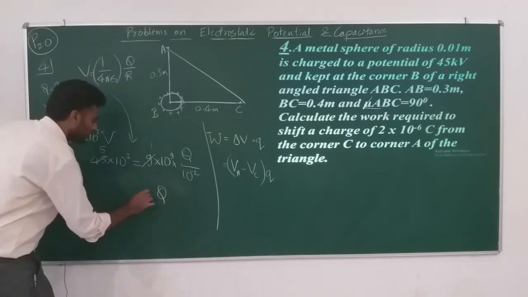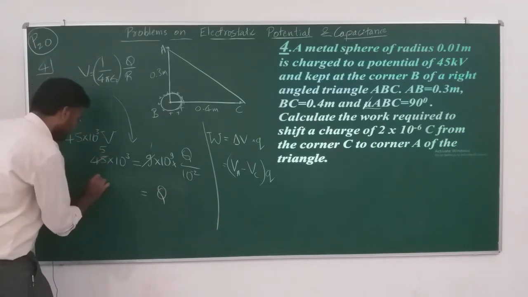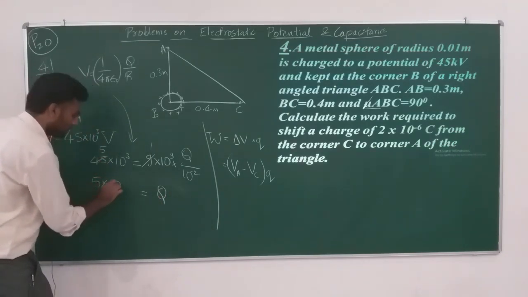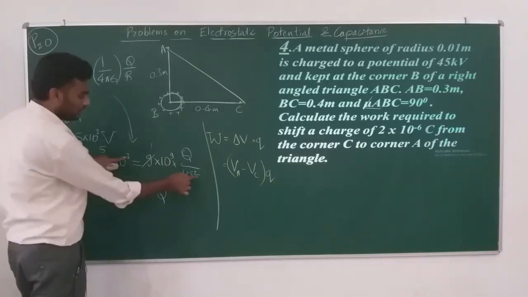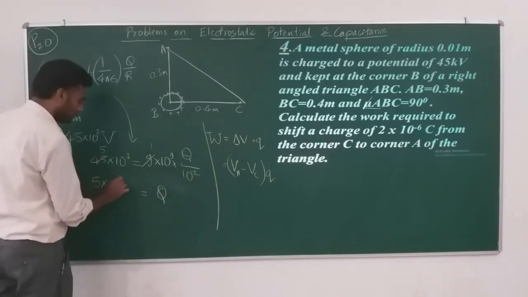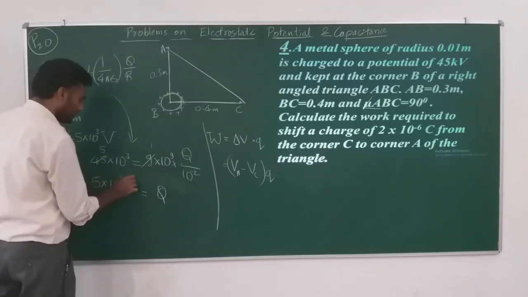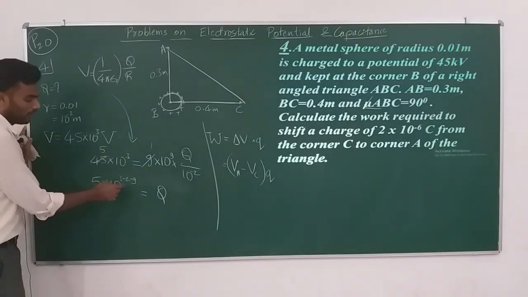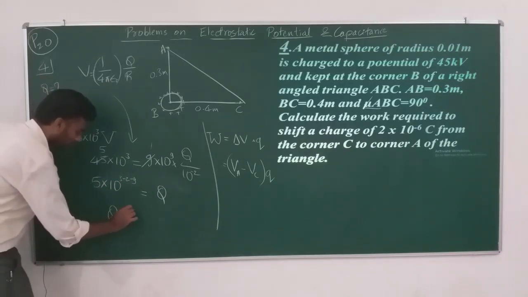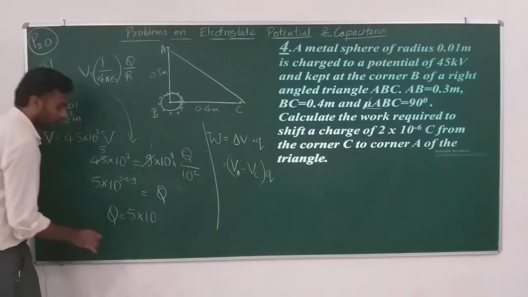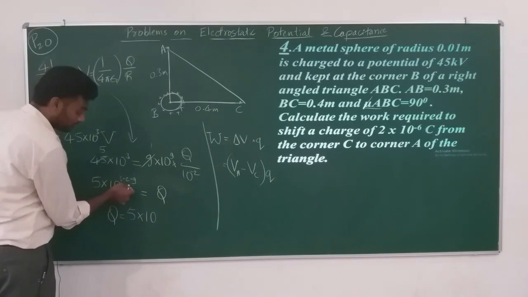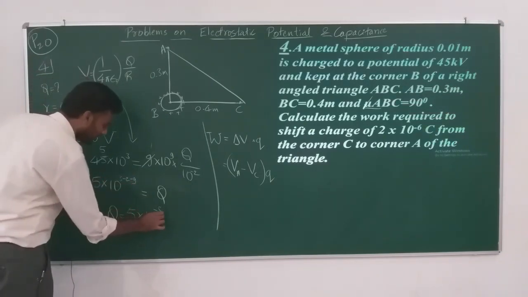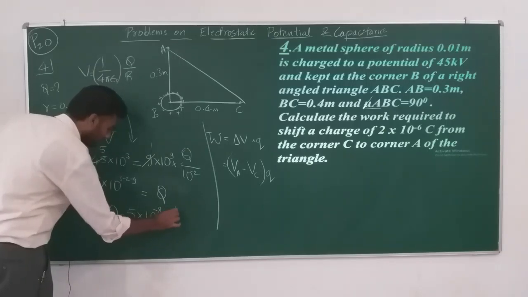So Q becomes equal to 5 into 10 to the power of 3, minus 2 comes here, plus 9 comes here, becomes minus 9. 3 minus 2 minus 9, which is Q equals 5 into 10 to the power of 3 minus 11, which is minus 8 coulomb.